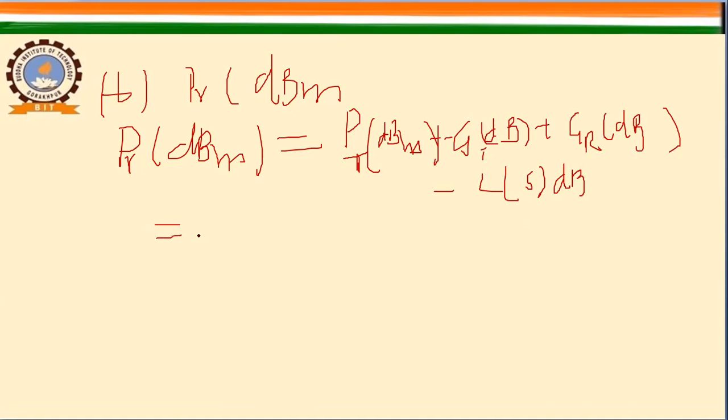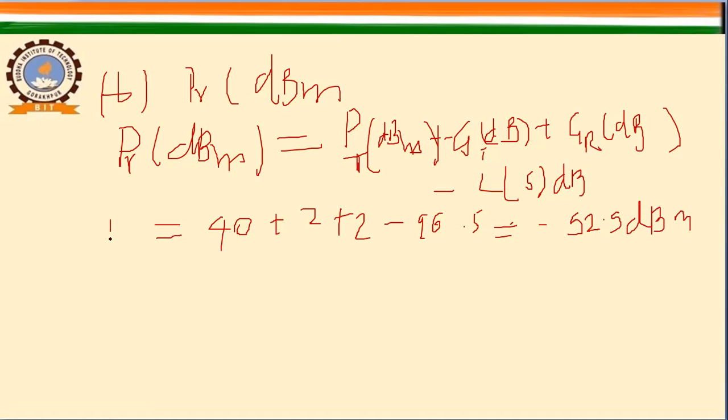So it is 40 plus 2 plus 2 minus 96.5, so it is around minus 52.5 dBm. So this is calculated in dB.